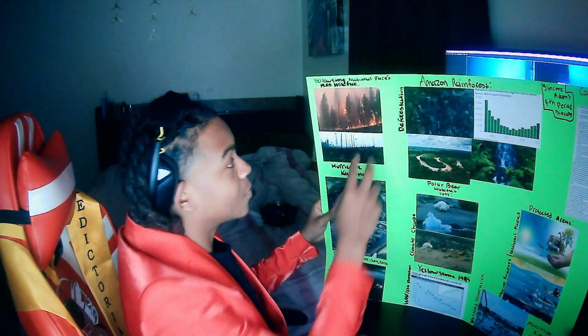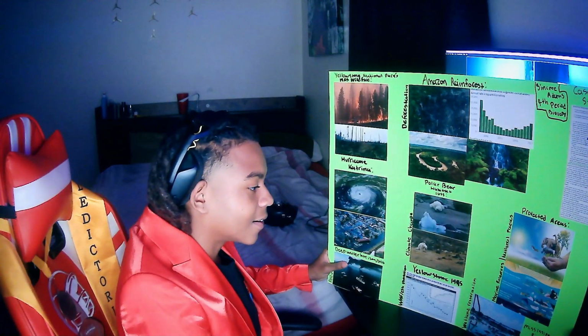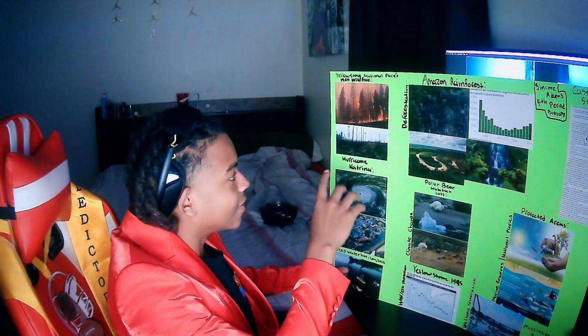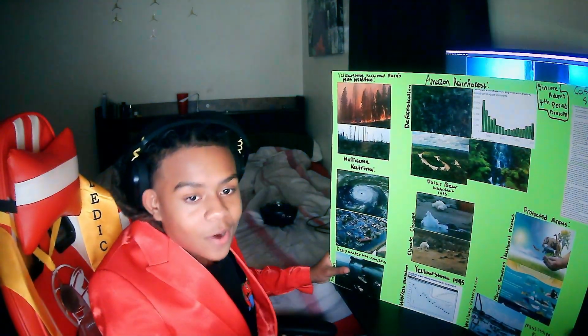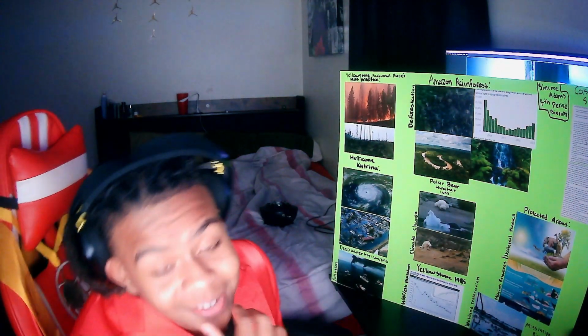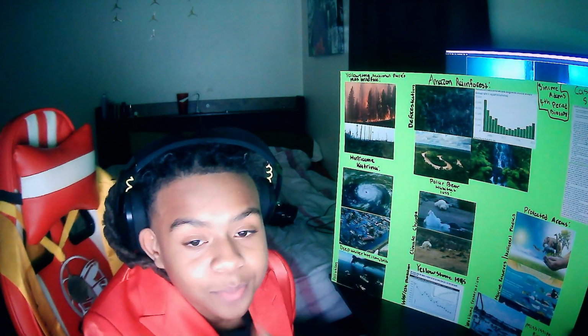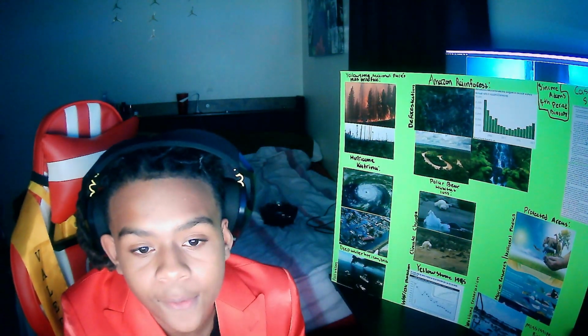Yellowstone National Park's 1988 wildfire. This wildfire triggered secondary succession, and if you're wondering what secondary succession is, it's the process by which an ecosystem regrows after a disturbance such as a fire or a hurricane.